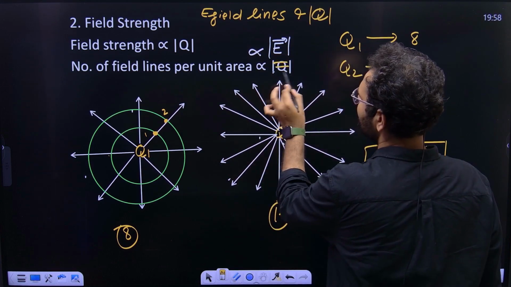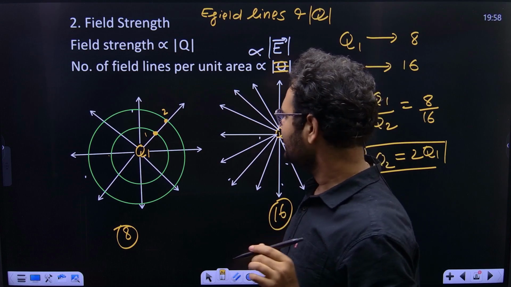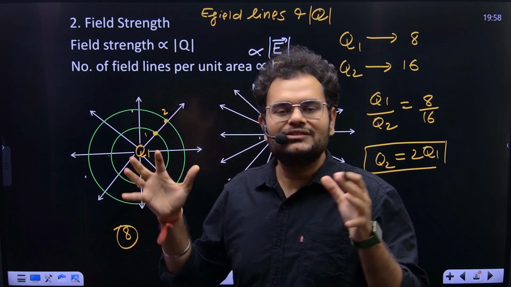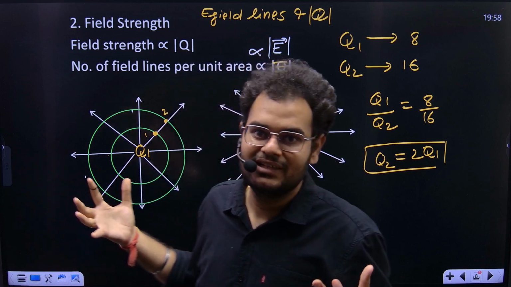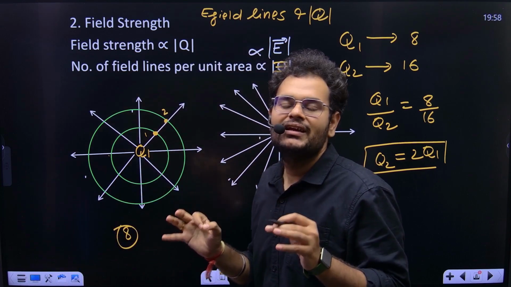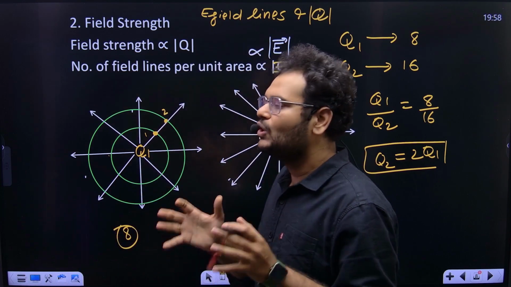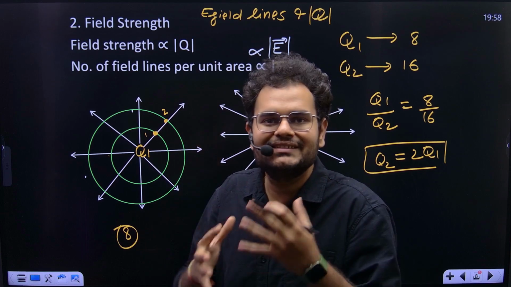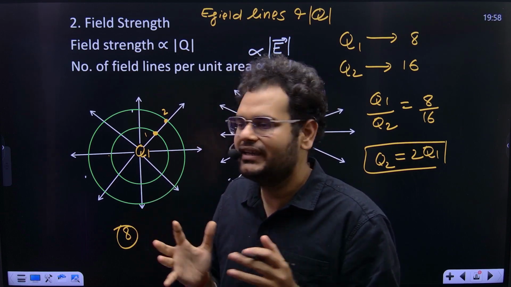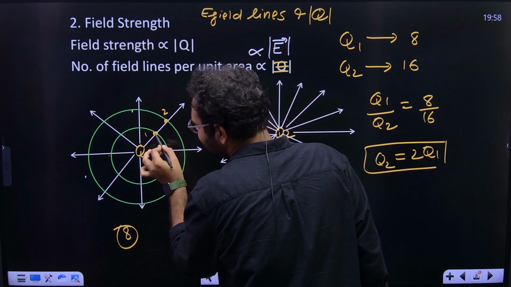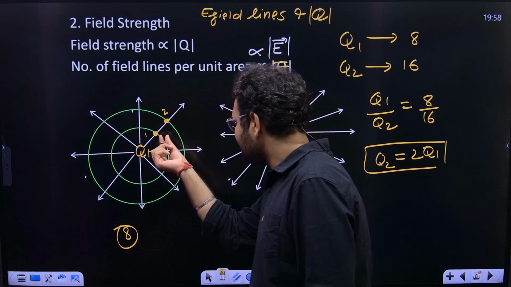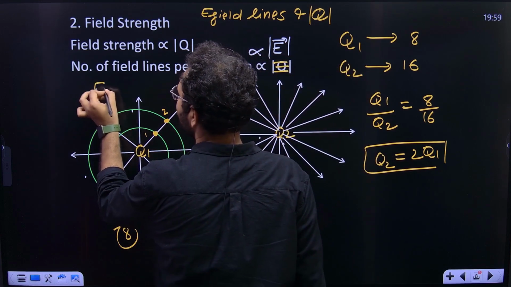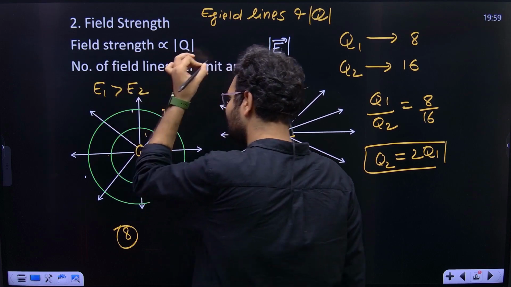Here it should not be charge, electric field. If the field lines are the same and the area is more, then the electric field is less. If you don't understand, simply know that the closer the field lines are, the more is the magnitude of electric field intensity. You tell me, at which point are the electric field lines closer? Sir, at the first point. Therefore, electric field at first is greater than electric field at second.